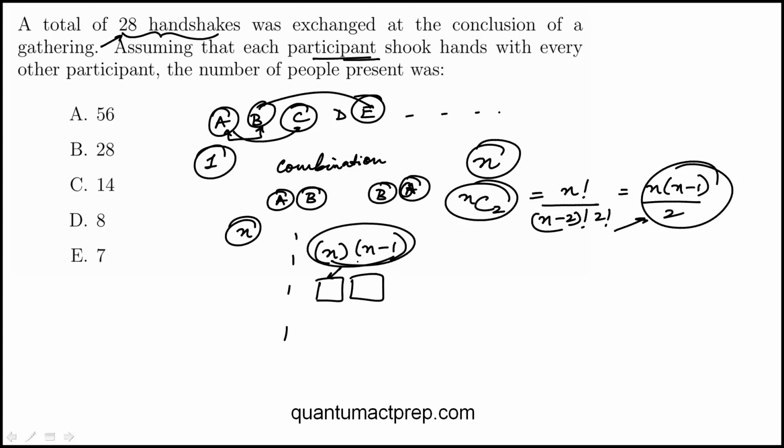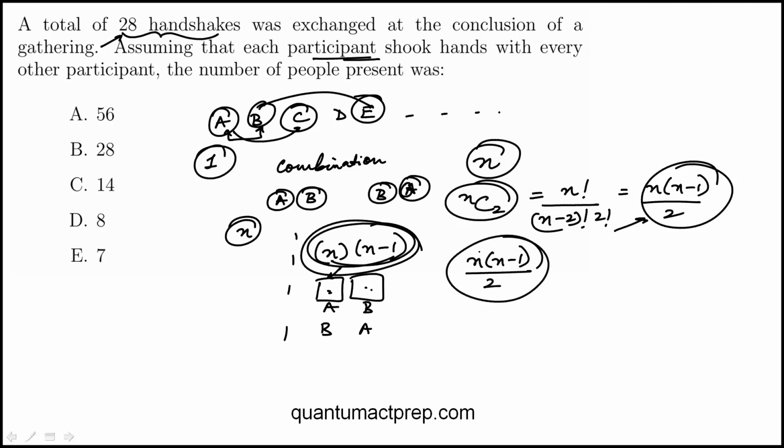So that's the number of ways I could put them in two boxes, which means A and B. But A and B and B and A would be distinct. So because this is a handshake problem and they count as one, I need to reduce that number, or divide it by 2. And that's the basis of that formula. I won't go over more details of the factorial notation here.